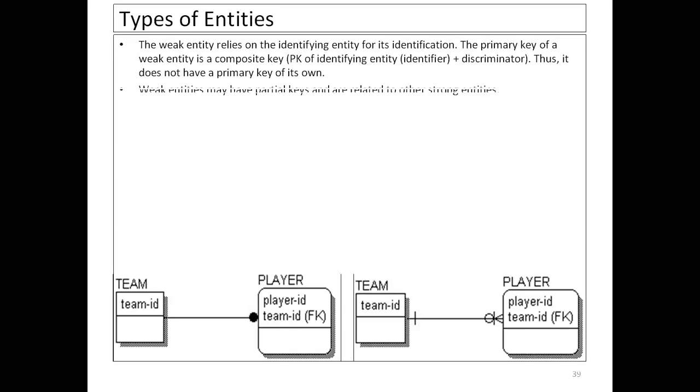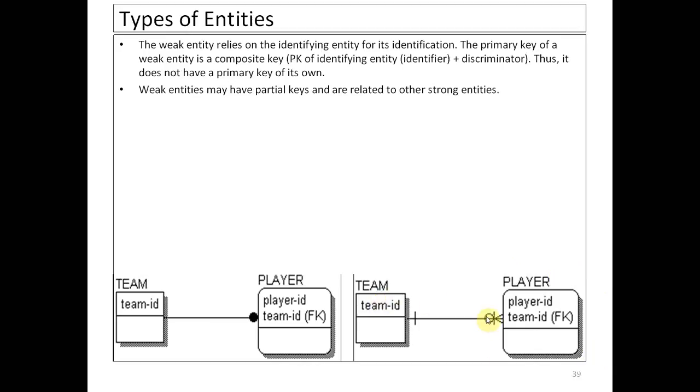This concept will be made clear over here. In the figure below, you can find the team and the player. Team ID is in a one to many relationship with the player.